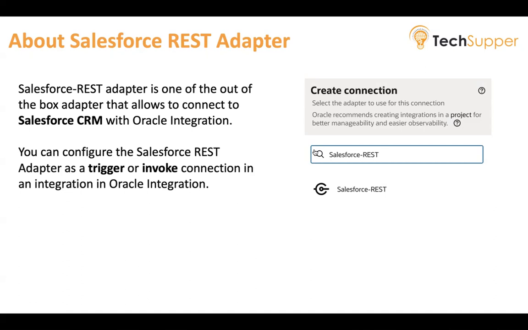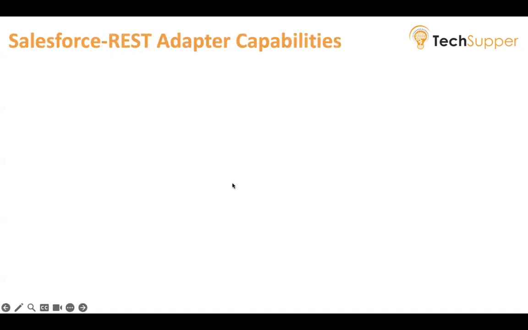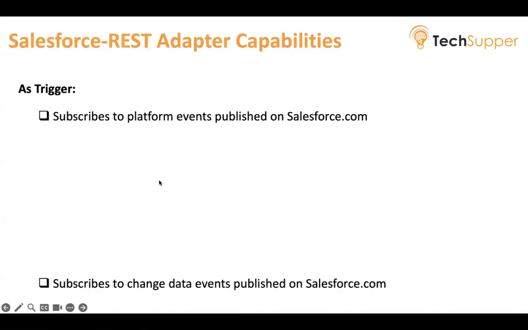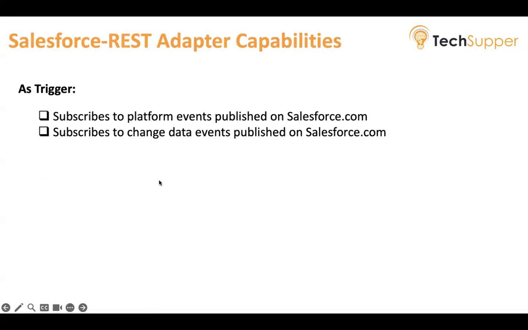APIs. All right. So what are the capabilities that Salesforce REST adapter provides? It is available with both trigger as well as invoke. When you use Salesforce REST adapter as a trigger, you can subscribe to the platform events published on salesforce.com, as well as subscribe to the change data events published on salesforce.com.